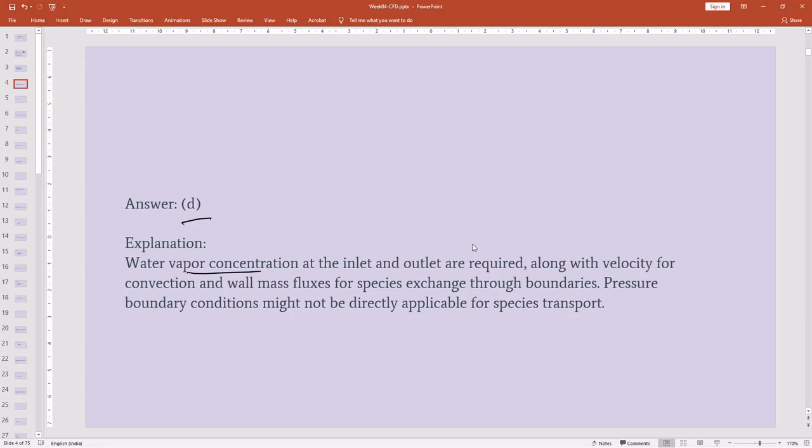Then how this airflow can transport the water vapor. So first, as for any flow problem, we need inlet velocity and outlet pressure. That is the ideal condition.